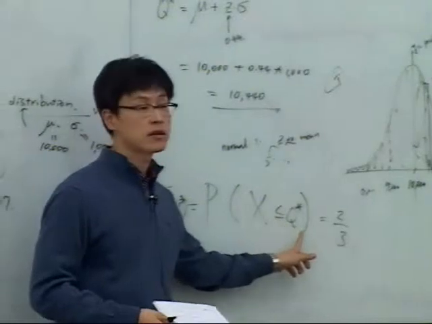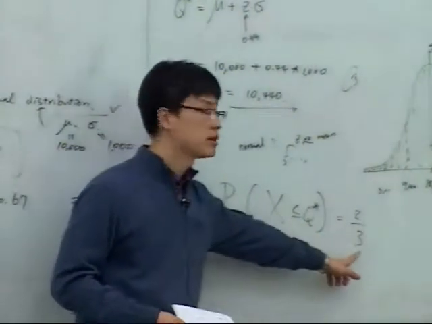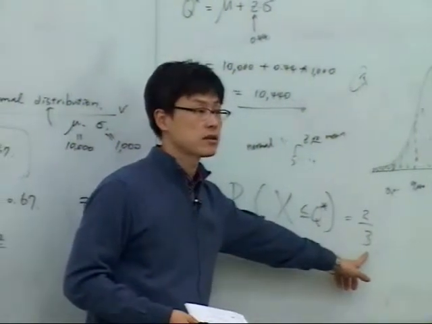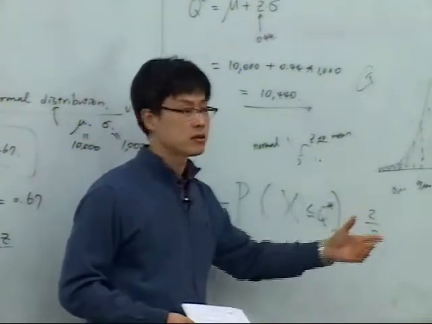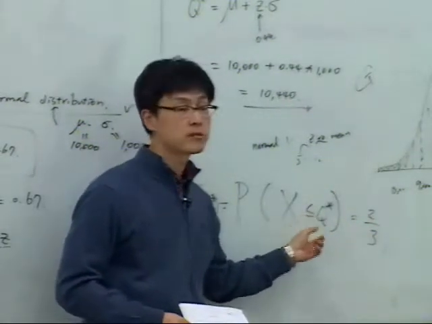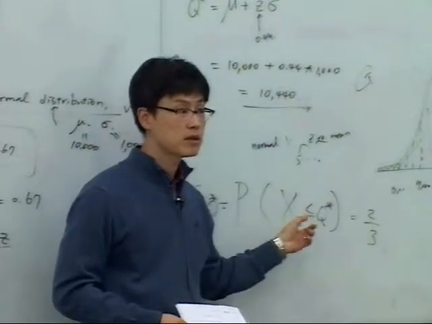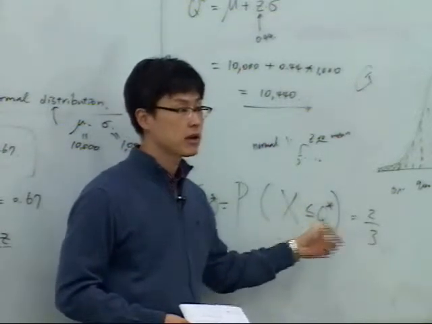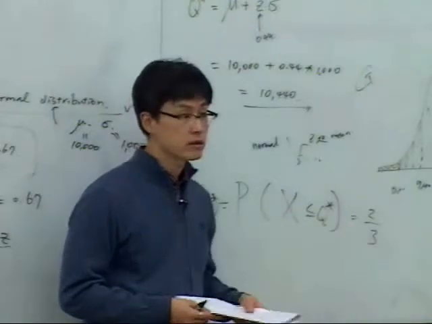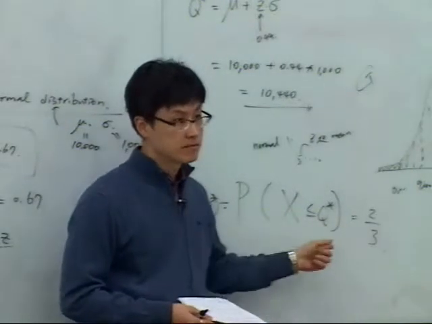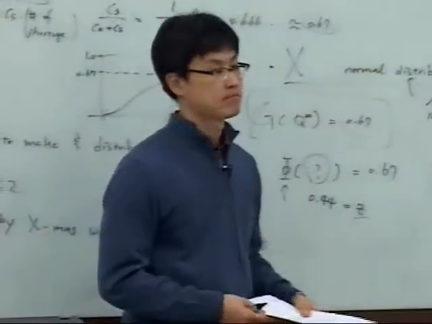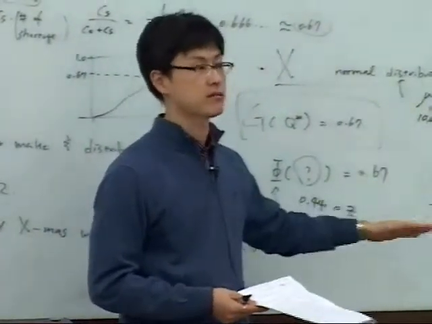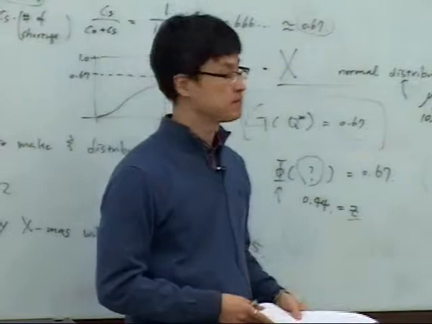Demand is less than our inventory size has the 67%. If you look at the other way, the probability of demand is greater than our optimal size is 1/3, right? Yeah. That's the basic information.